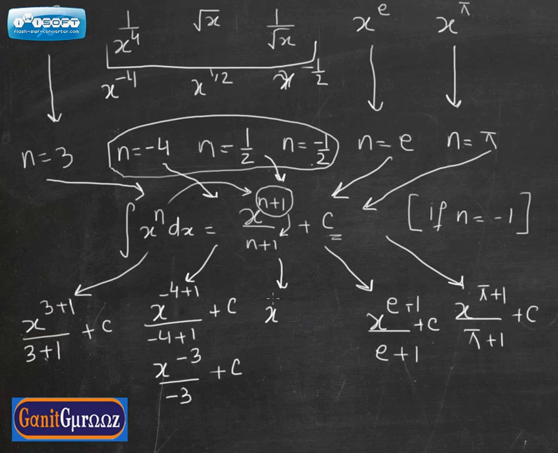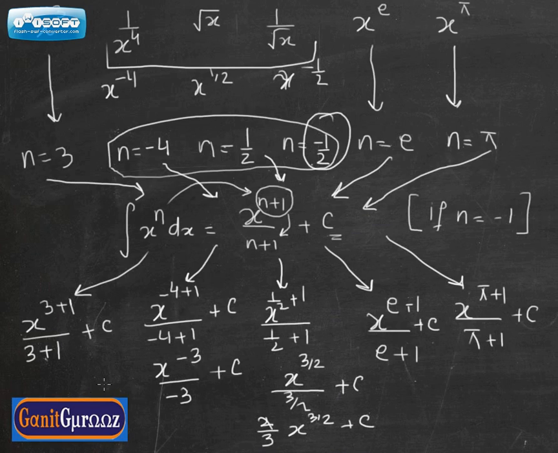I get x raised to power half plus 1 upon half plus 1, and I can simplify this a little bit. I get x raised to power 3 by 2 upon 3 by 2, which can actually be written as 2 upon 3 x raised to power 3 upon 2 plus c. And in a similar manner, I can also take care of the negative 1/2.